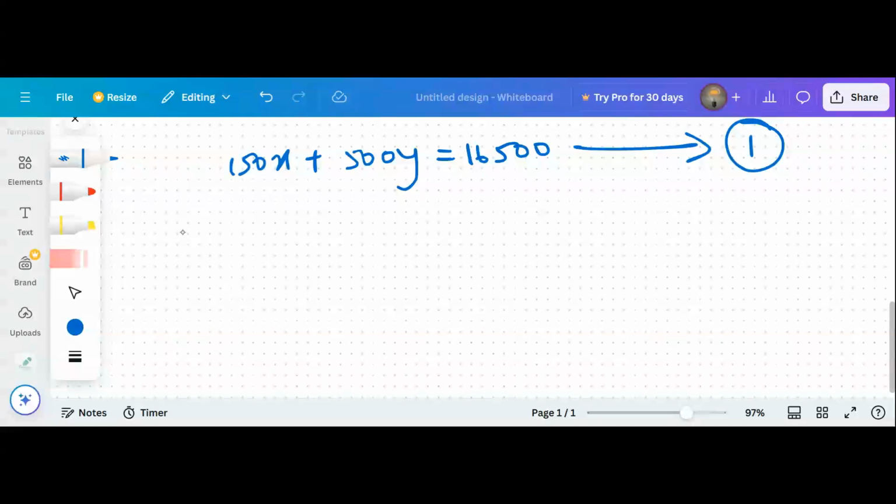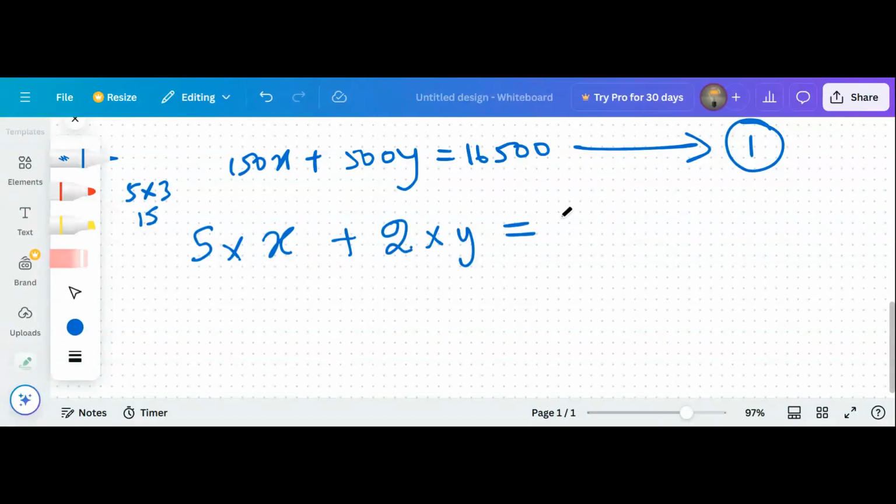Each student would get 5 plants. So 5 into the number of students. For example, if there are 3 students, 5 into 3, totally 15 plants would be given. Same thing. So 5 into the number of students plus a teacher would get two plants, so 2 into y.